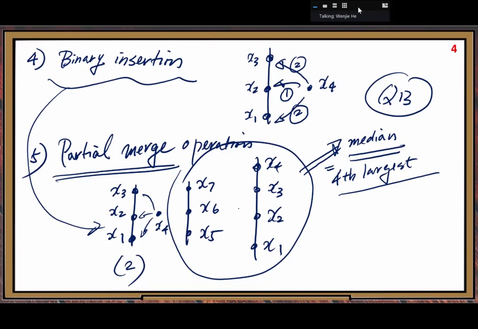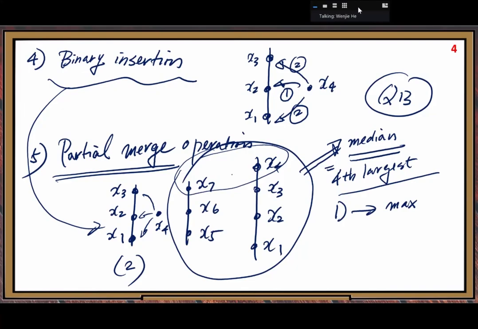Now we can do the first comparison. We compare the top two. With the first comparison, we get the max. The winner is the max, and we remove it from consideration.